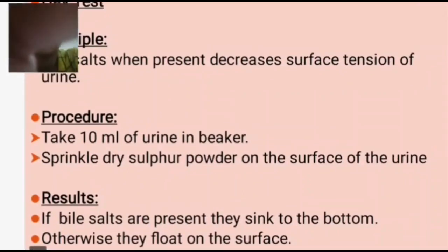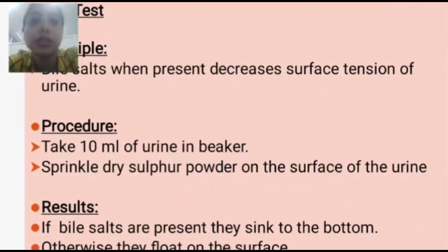Why does the powder sink? Because the presence of bile salts decreases the surface tension of urine. So the urine loses the capacity to hold the powder on its surface, and that is why the powder sinks to the bottom; otherwise, it floats on the surface.